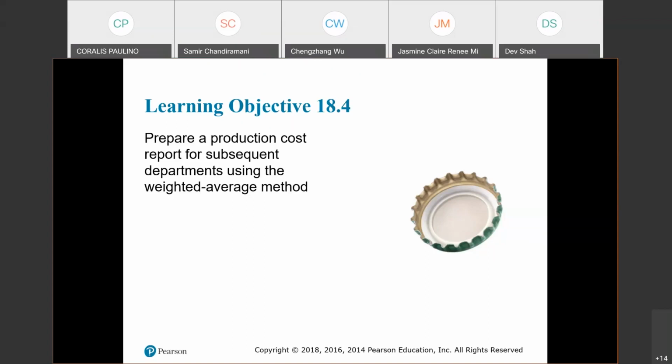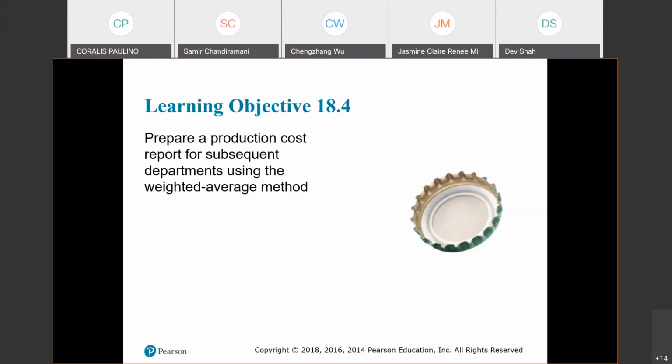The most important thing to understand in process costing is what an equivalent unit of production, or EUP, is.